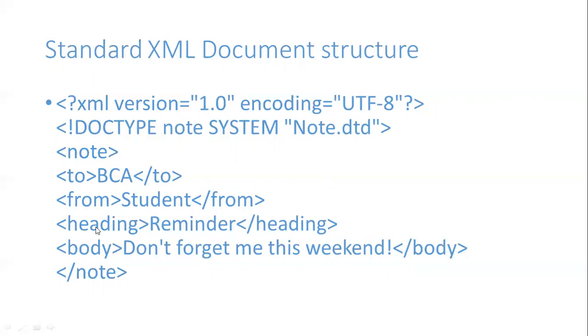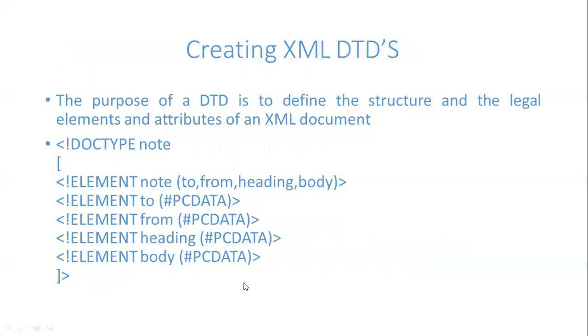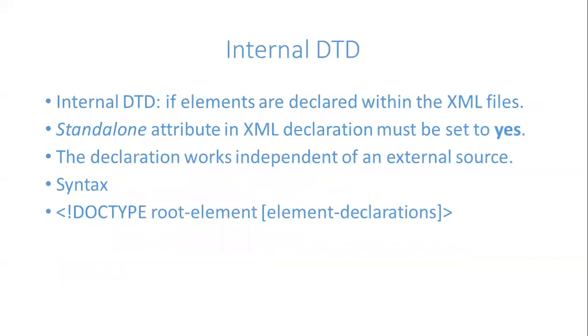From consists of PCDATA. Heading consists of PCDATA. Body consists of PCDATA. What does PCDATA stand for? Parsable character data. So the data inside to, from, heading, and body can be parsed, and then processed further. That is what the document type definition says.